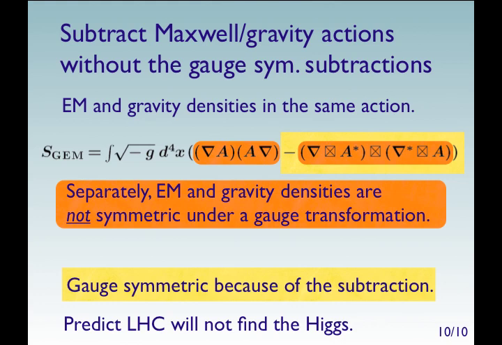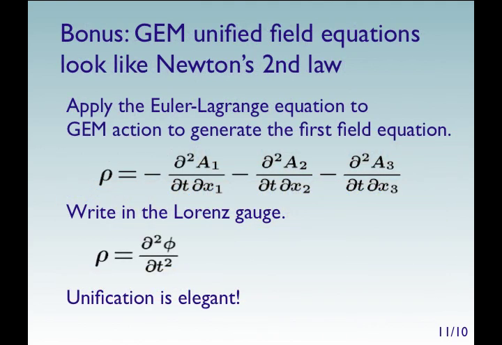But I'm going to give you a bonus slide, because it's almost a legal requirement that anytime you write out an action, you're obligated to apply the Euler-Lagrange equations and see what the field equations are that result. And what's really stunning is that the field equations look like Newton's second law.